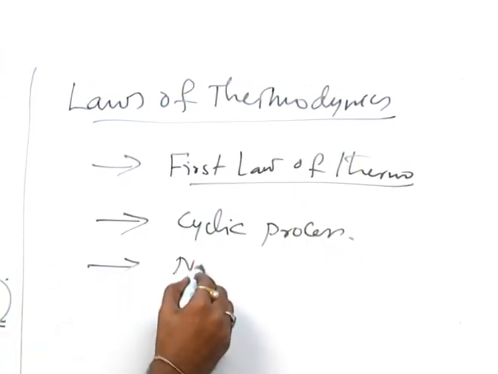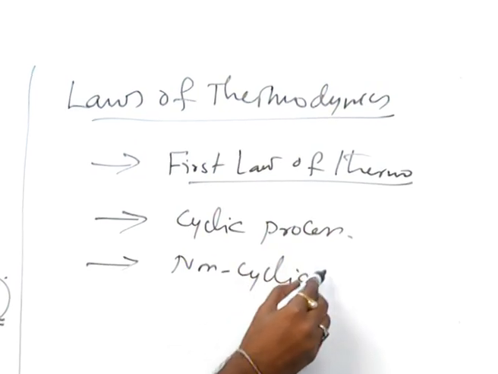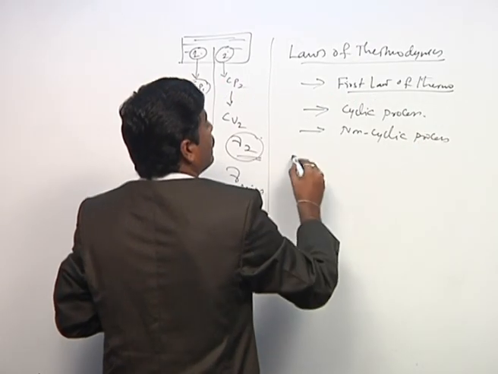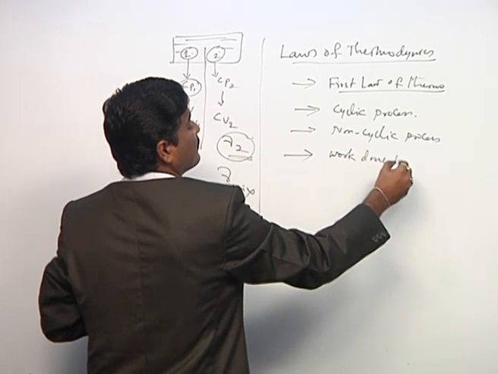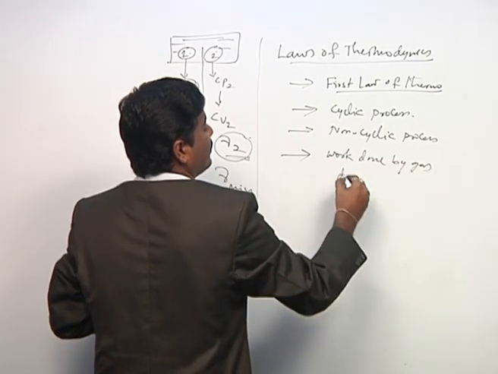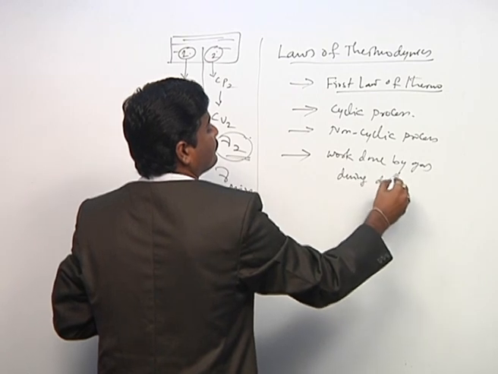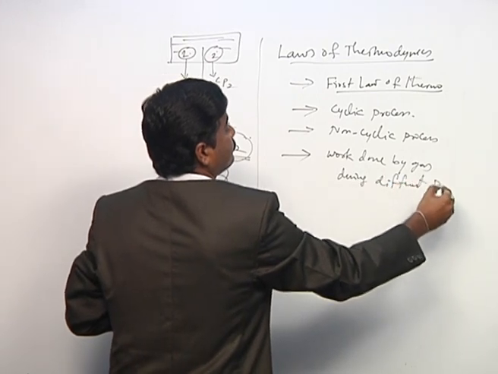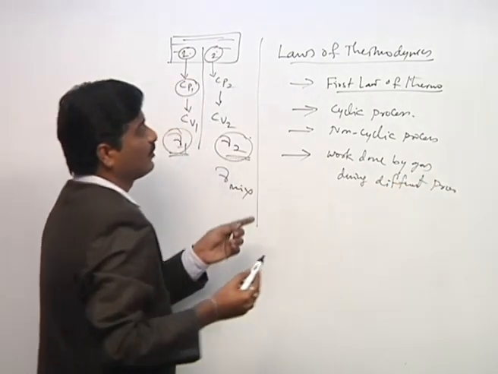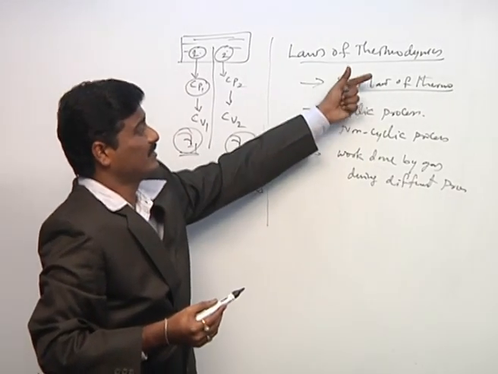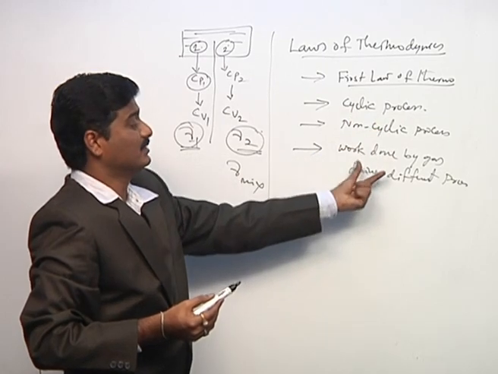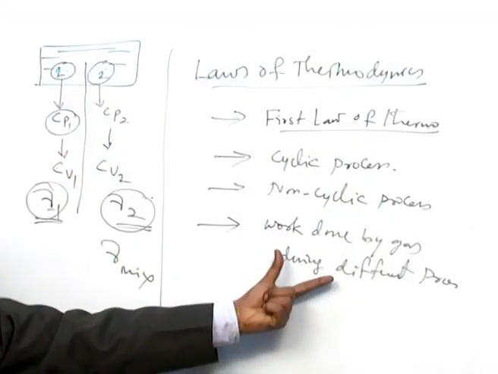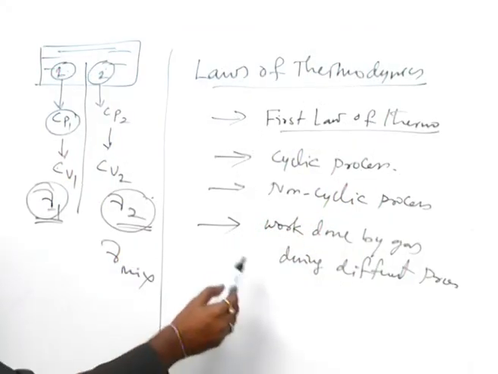After that, the non-cyclic process. Next, how the work is done by gases during different processes. We are going to discuss tomorrow in the chapter on the laws of thermodynamics what is meant by cyclic process, non-cyclic process, and work done by gases in different processes.